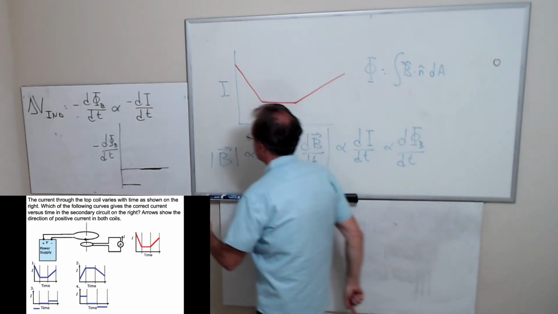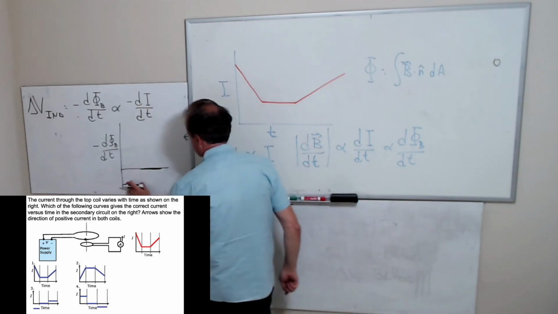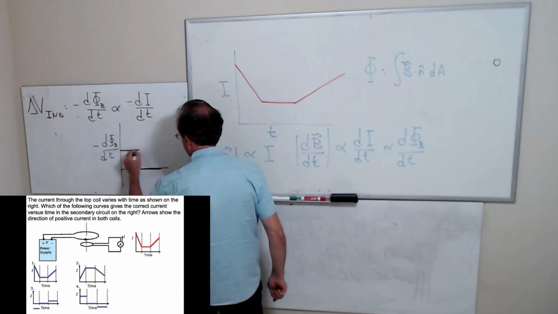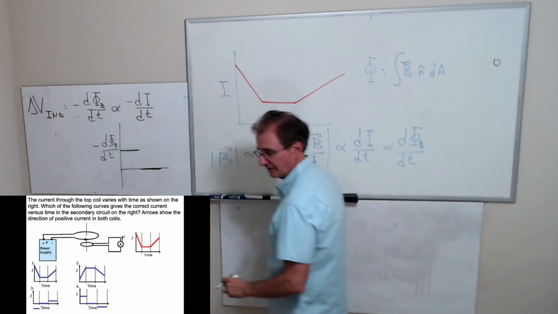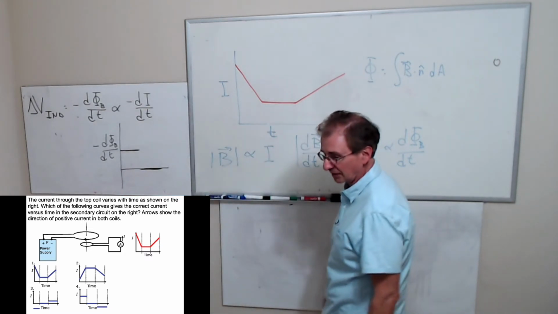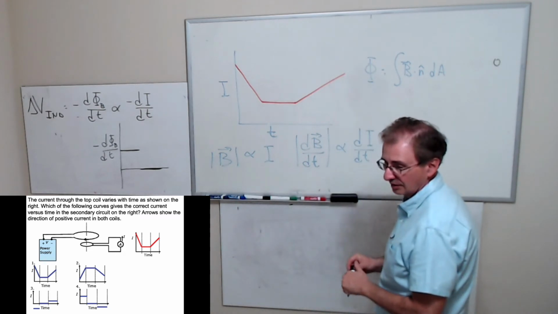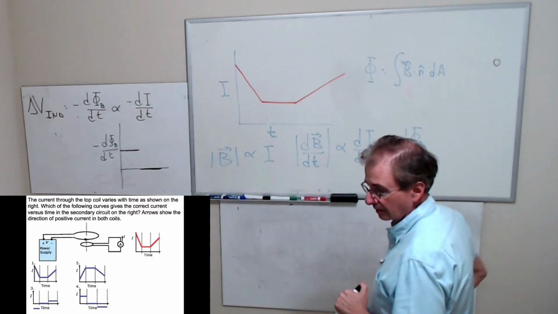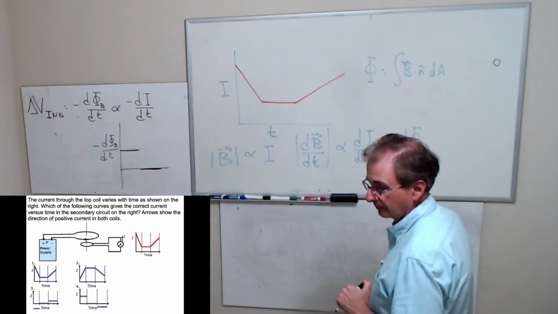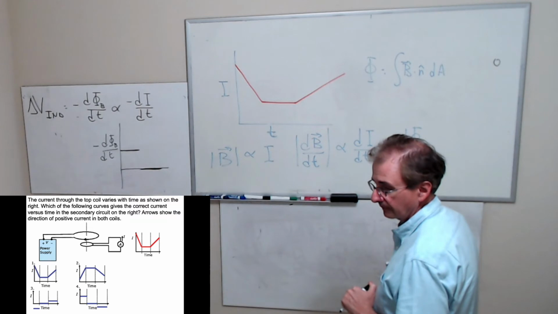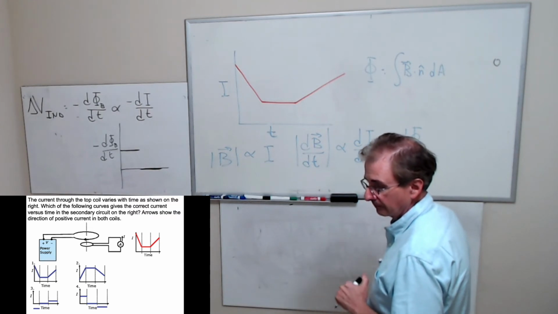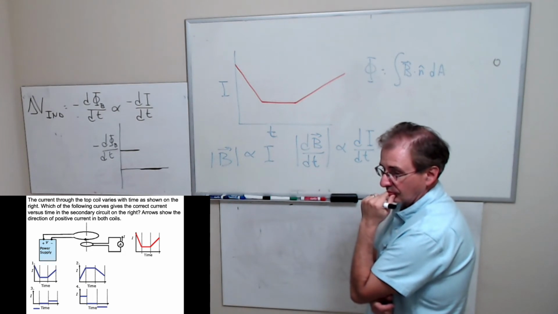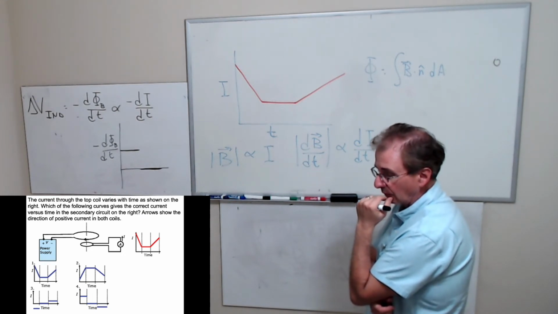Oops, I screwed this up. Sorry. The slope is negative, minus the slope gives me a positive number. Are we okay with that?